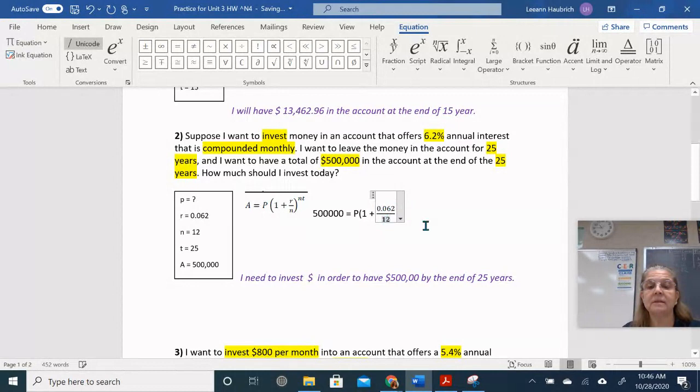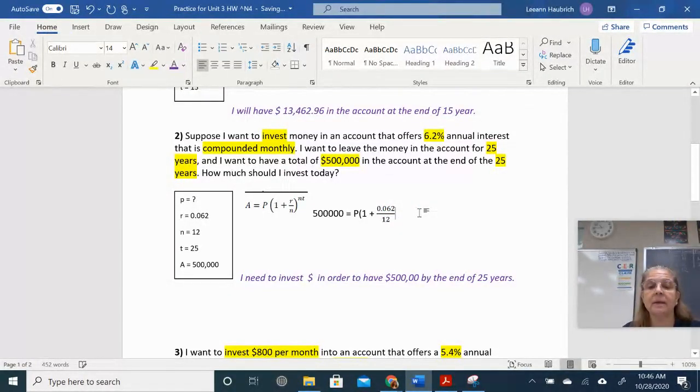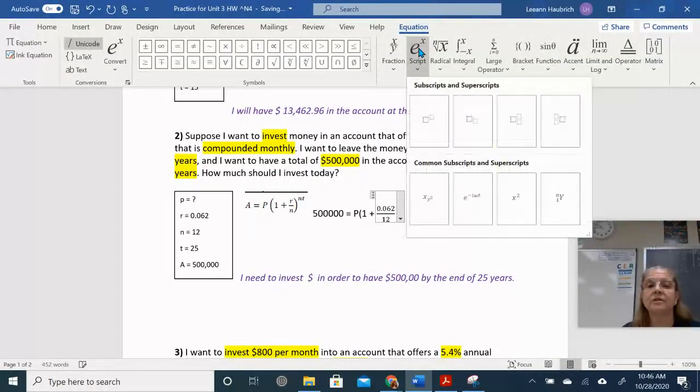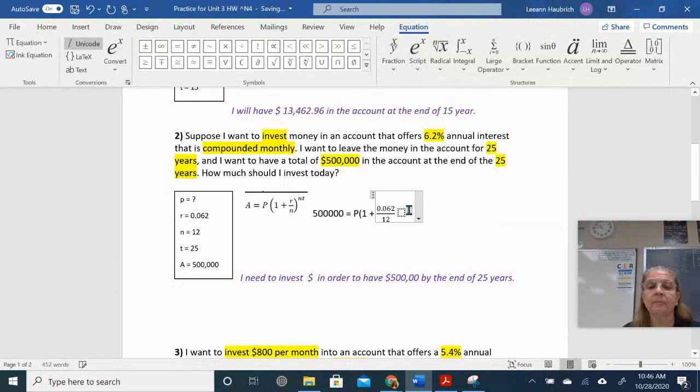I'm just looking to the left to get what needs to go in here. And I need to raise this to an exponent. So I'm going to go back to this section and just grab this one. Close my parentheses off. And the exponent is going to be 12 times 25 this time.